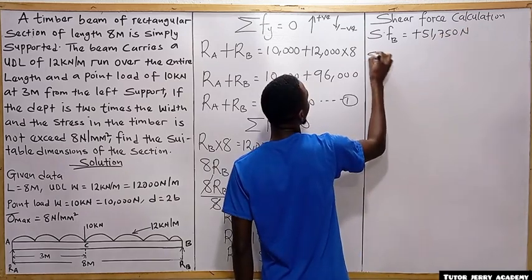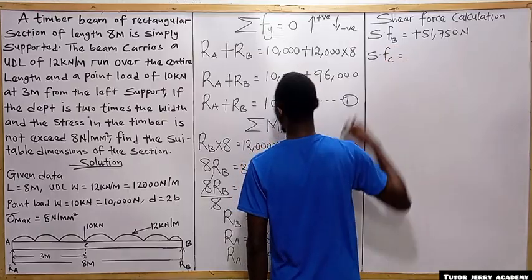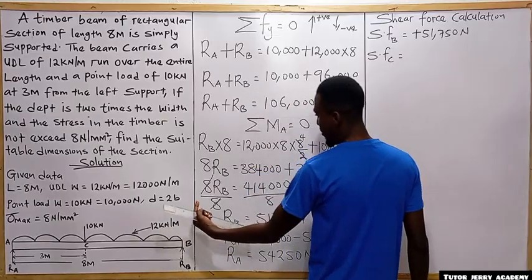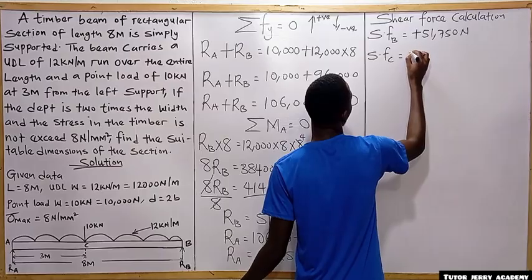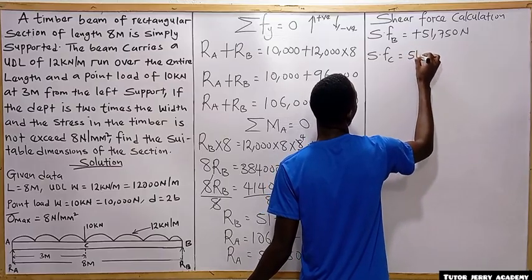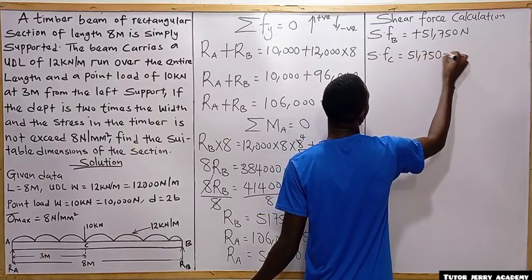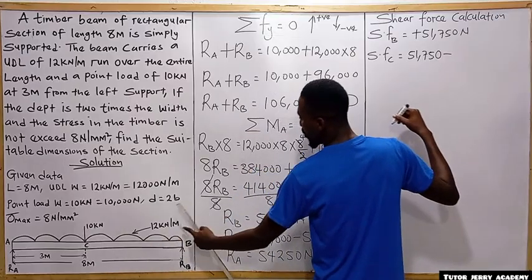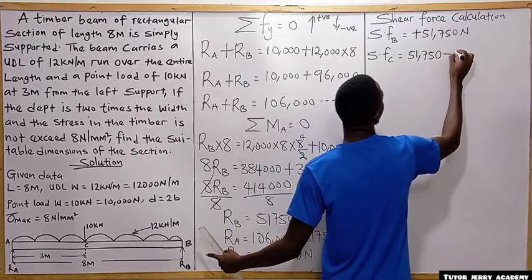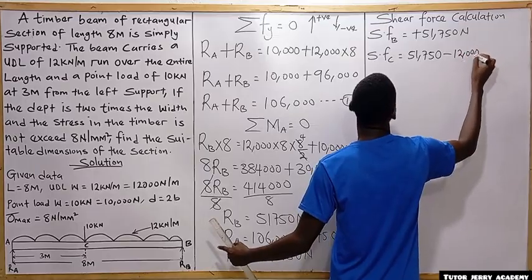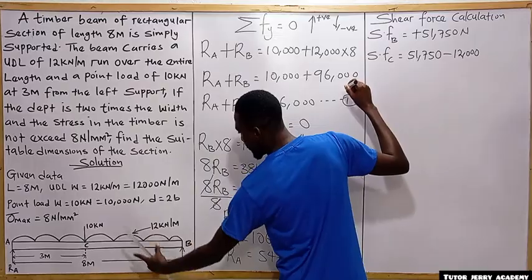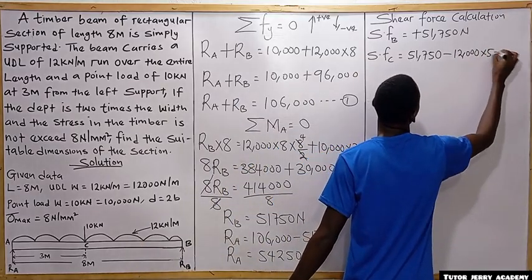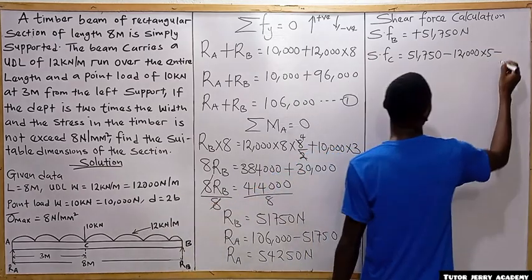The shear force at point C now will be the reaction at B, 51,750 positive, minus our uniform distributed load, which is 12,000, taken to a point load by multiplying by 5, minus the downward force there, which is 10,000.